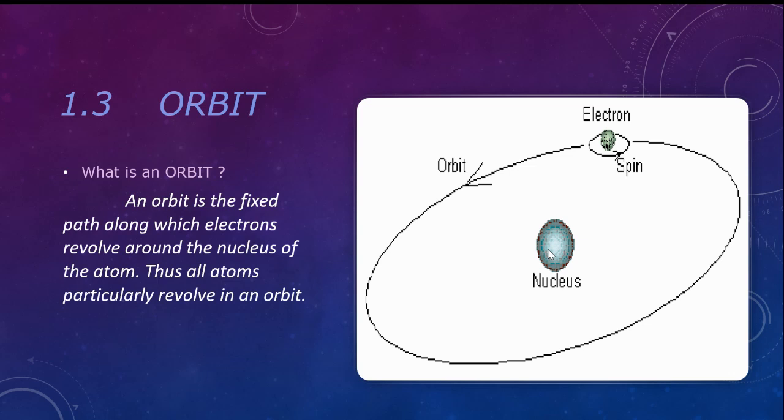And he also named them as the energy levels because the energy of each orbit is quantized, or fixed. And he named them as 1, 2, 3, 4, 5 or K, L, M, N, O. And as we move away from the nucleus, the size as well as the energy of the orbit goes on increasing.